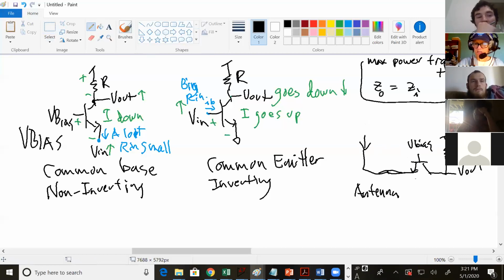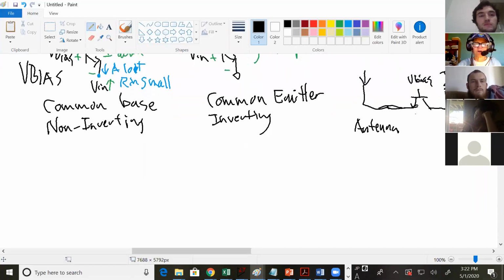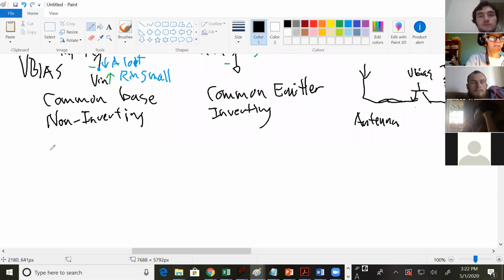So let's analyze this circuit a little bit. I didn't try going directly to Vin over Vout, but it's starting to get a little bit complicated, a little more complicated than the common emitter. So to find the gain here, I ask you to go through multiple steps. The first one is to find GM for the circuit.